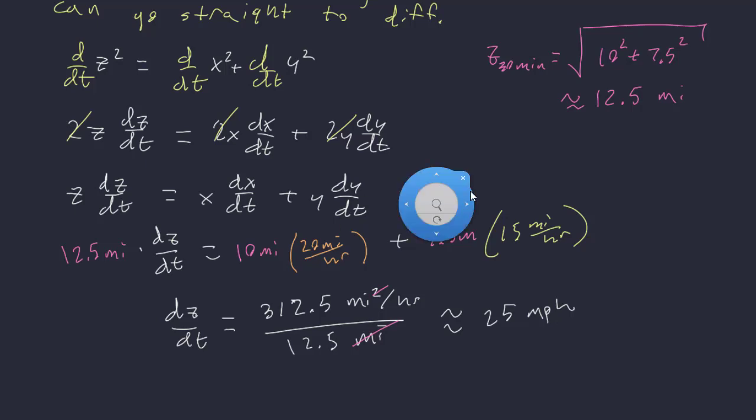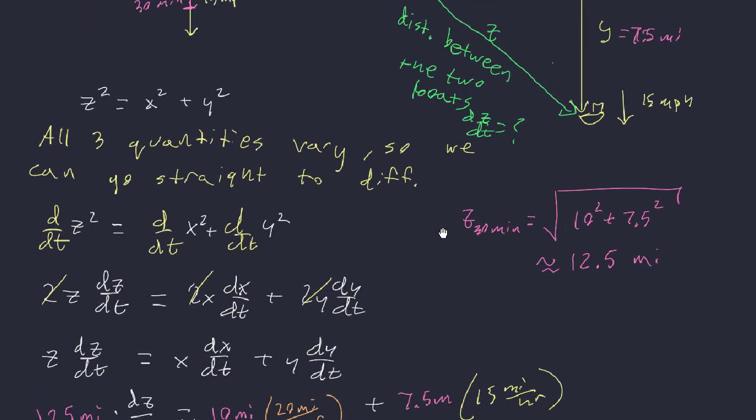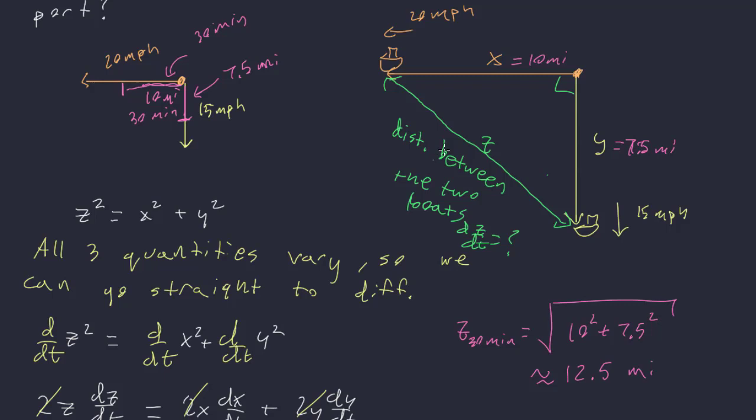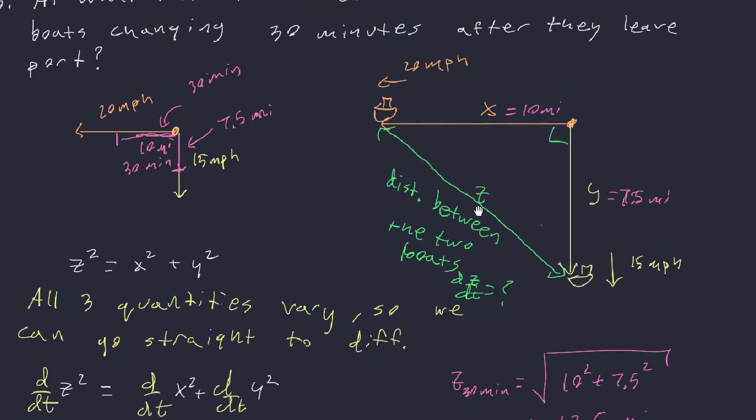Now here's something interesting. What would happen if, instead of going through all this work, we just did the Pythagorean theorem on the rates?